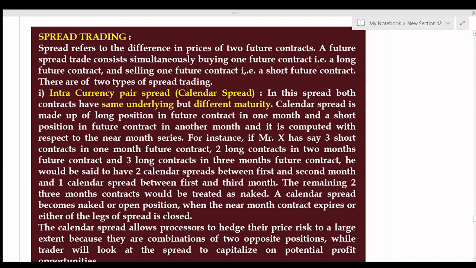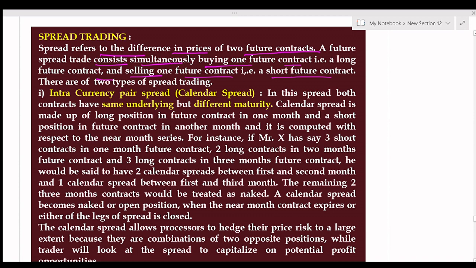Spread refers to the difference in prices of two future contracts. A future spread trade consists of simultaneously buying one future contract, that is a long future contract, and selling one future contract, that is a short future contract.